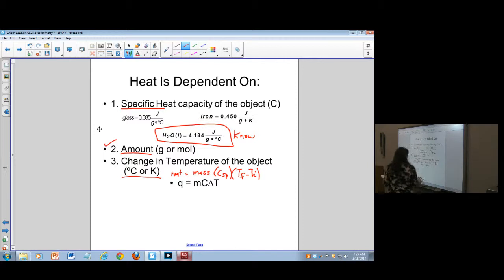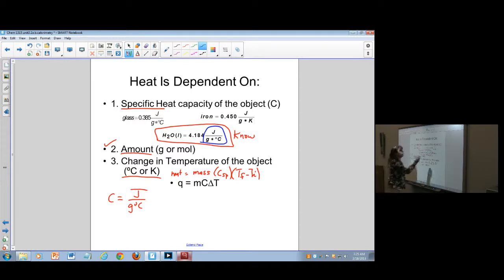Okay, I want to talk about the units for just a minute. So let's go back to the units of specific heat. The units of specific heat are joules per gram per degree Celsius, as you can see, for example, right here.